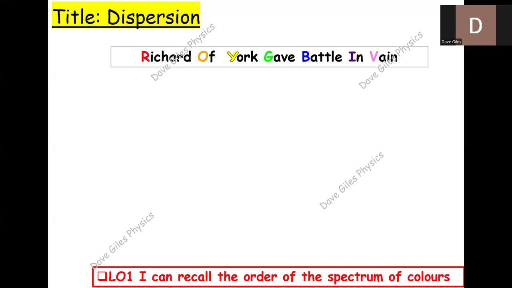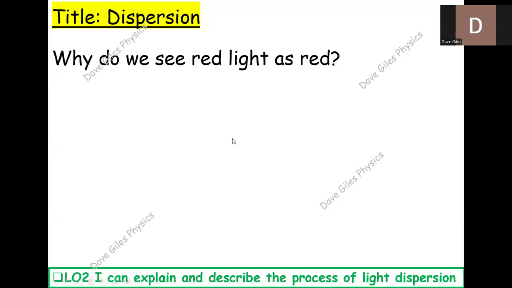That might help you. So we've got different colours, and these are in deliberate order. There's a reason for it. We'll come back to that reason a little bit later. So question is, why do we see red light as red? Now, the reason for it is quite simple. Each different colour has got a different wavelength, and red has got a certain wavelength which corresponds to red.